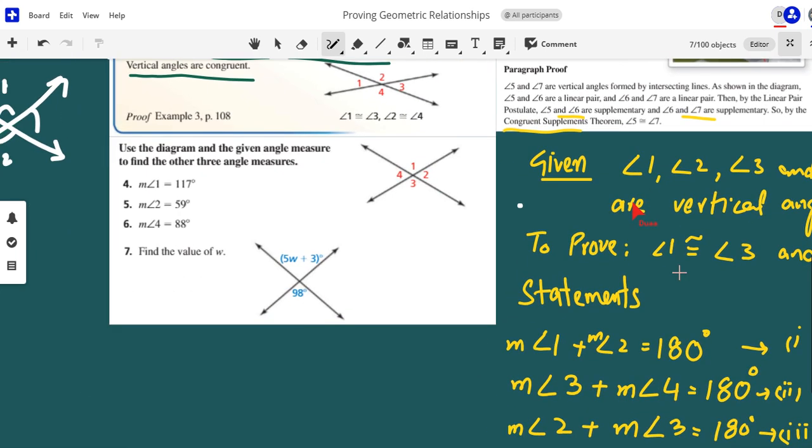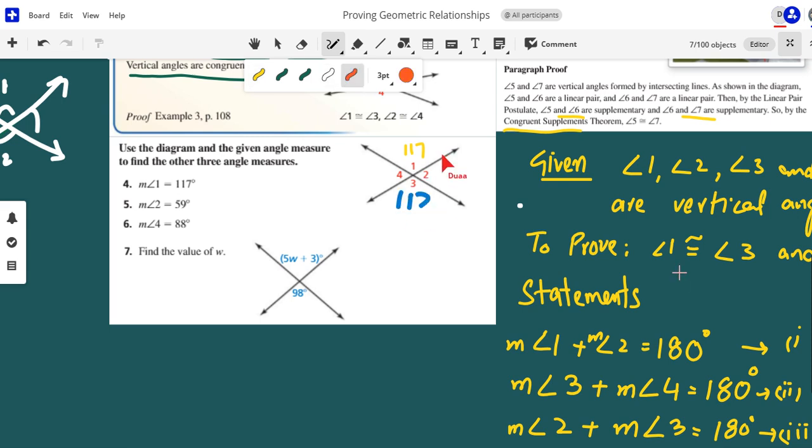Okay. Look at the questions now. By applying those theorems, we have some questions. Use the diagram and the given angle measure to find the other three angle measures. So if measure of angle 1 is equal to 117, that means measure of angle 3 will be equal to 117.